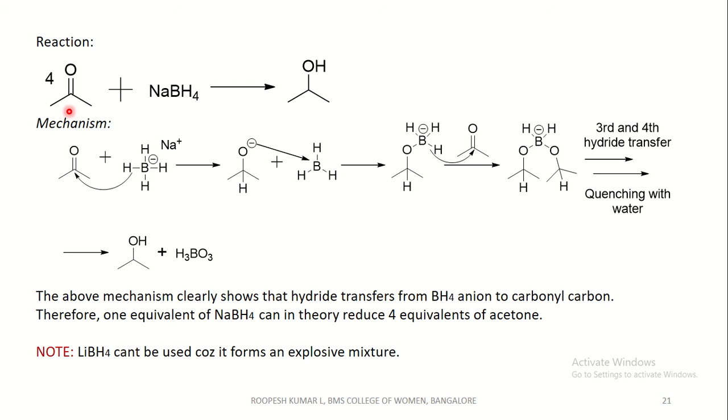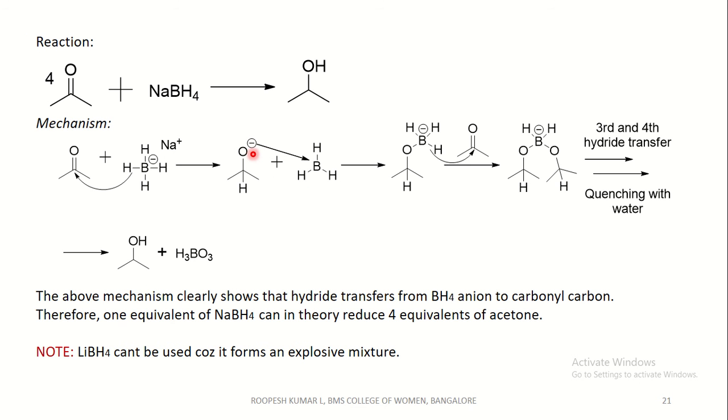There is a reaction: acetone reacts with sodium borohydride and we get isopropanol. Coming to the mechanism, there is the structure of sodium borohydride, and the hydride transfers, attacks the carbonyl carbon, and this shifts to form an O- with the formation of a negative charge on oxygen and BH3.